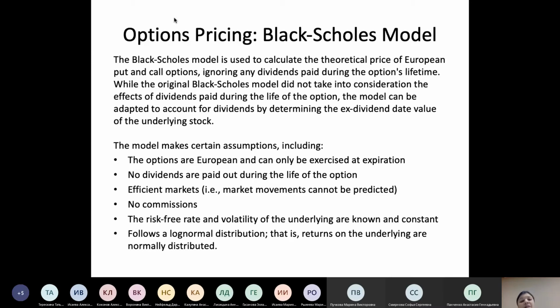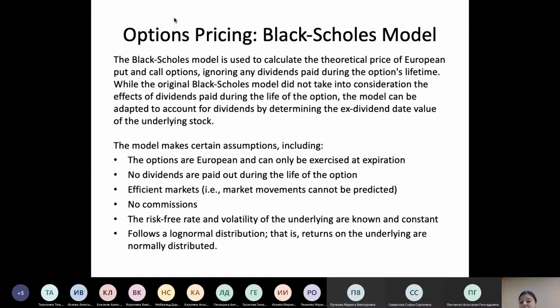The risk-free rate and volatility of our asset are known and fixed, they are constant, and follow a lognormal distribution. In other words, the yield or the prices of our assets are normally distributed.